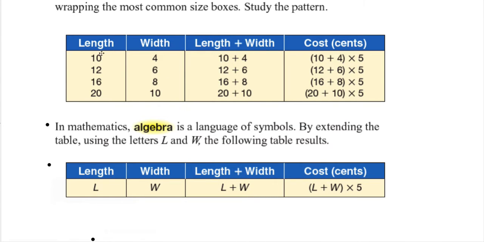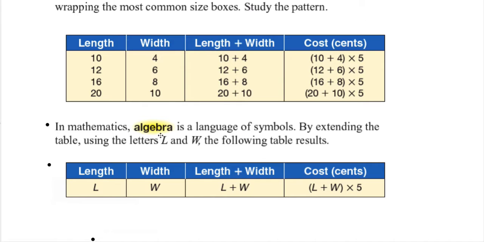So if you have L plus W, what we did is that we simply added L plus W like what we did here, and then multiplied that by 5. Okay, so we basically talk about symbols now instead of numbers, and that's what algebra is all about. And we'll do that in 8th grade math. Okay, we'll dwell into what algebra really is.